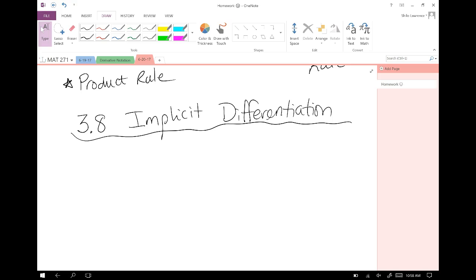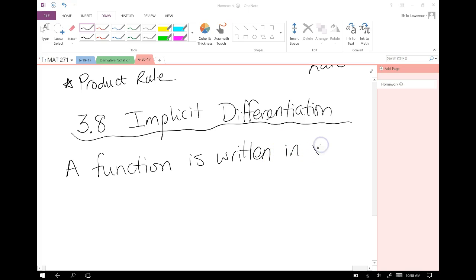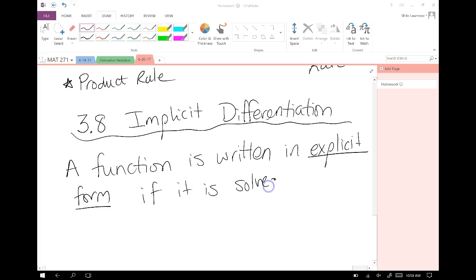An explicit function is solved for its output variable.